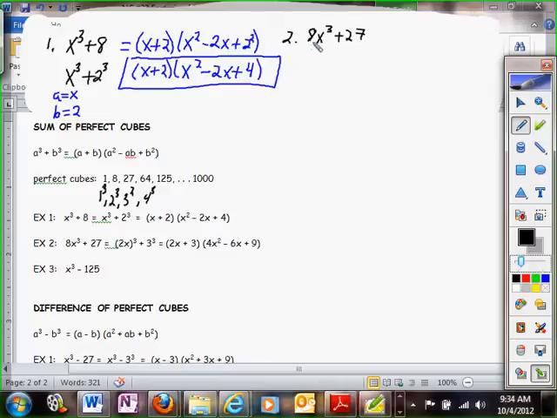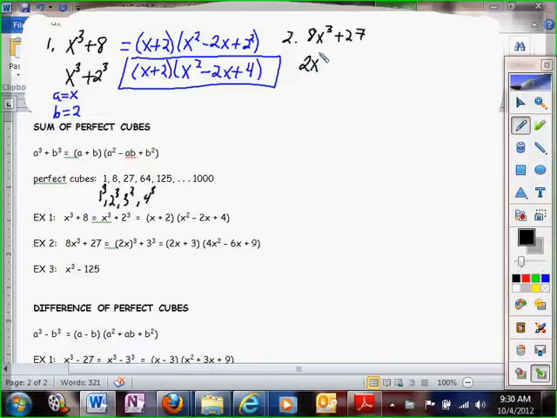So when I do that here, I would rewrite this as, well, I know 8 is a perfect cube, and x is being cubed, so that's a perfect cube. And I know that 27 is a perfect cube. So I rewrite it like this. 2x cubed is the same thing as 8x cubed because I have multiplication inside the parentheses, and my exponent laws say that inside here, if there's no power written, then it's a power of 1.